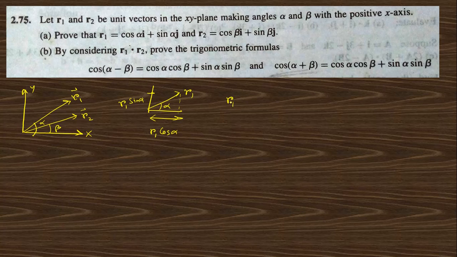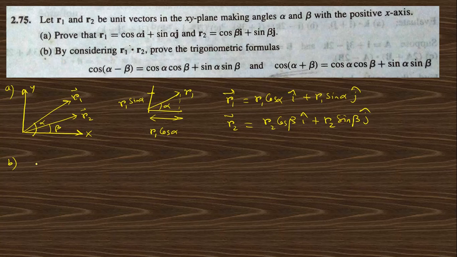So the R1 vector is R1 cos alpha i cap plus R1 sin alpha j cap. Very simple. Similarly R2 is R2 cos beta i cap plus R2 sin beta j cap. This is the answer of problem A.